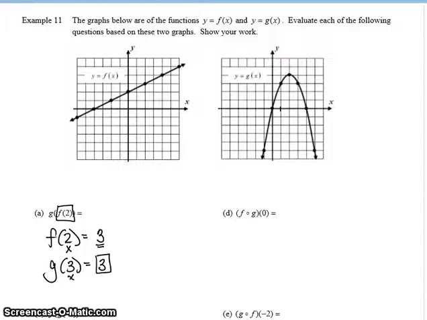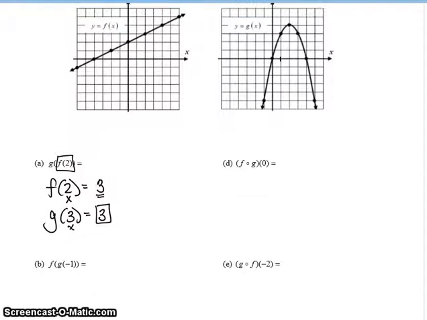So now g of negative 1 means go to the g function first and look where x is negative 1 and go up and read the y value. So here's where g is negative 1. I go down, so that's 1, 2, 3, 4. I'm at negative 5. So g of negative 1 is negative 5.